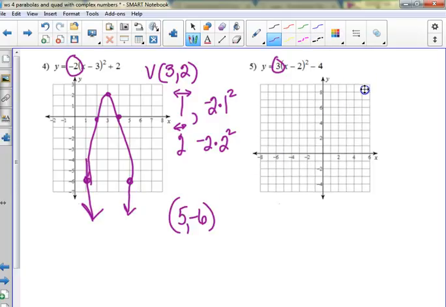All right, so can you try this one? Find your vertex.